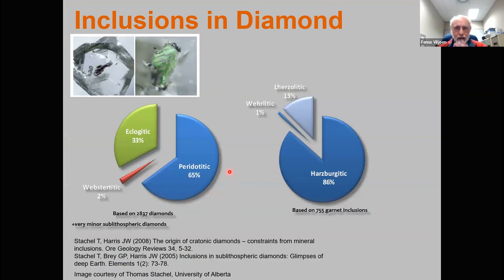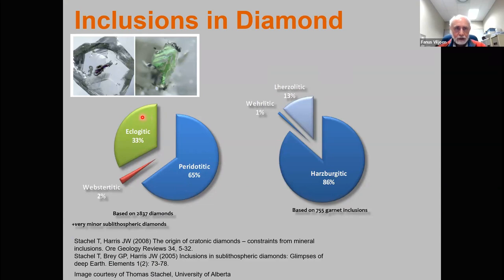If we interrogate that database in terms of diamond paragenesis, we find that the global database comprises predominantly peridotitic diamonds, followed by a much smaller abundance of eclogitic diamonds and a very small abundance of websteritic diamonds. So what I'm trying to say is diamonds that contain inclusions are predominantly peridotitic because they contain peridotitic inclusions.